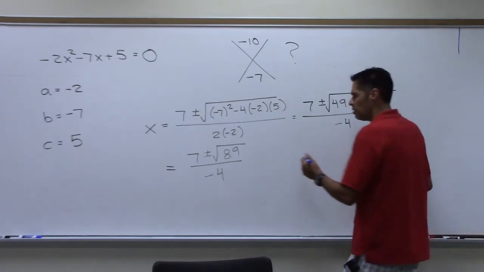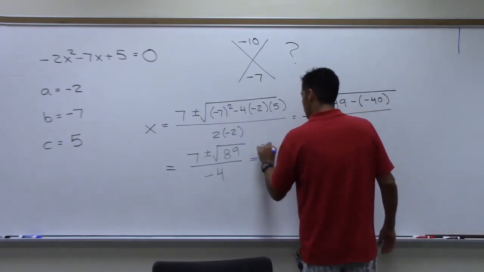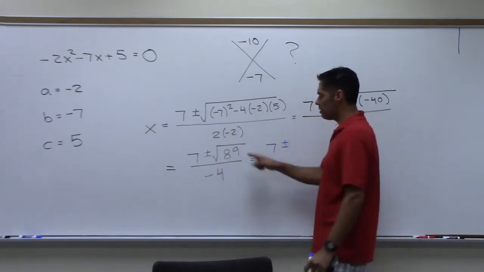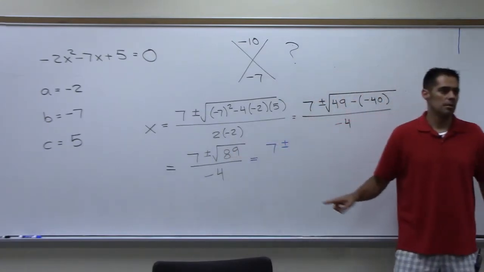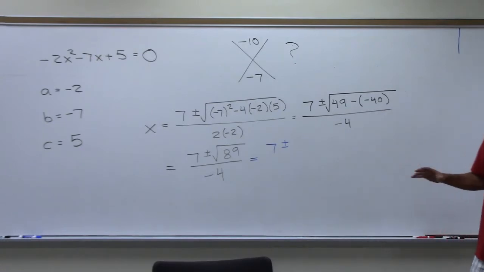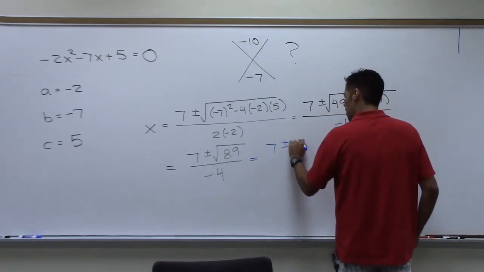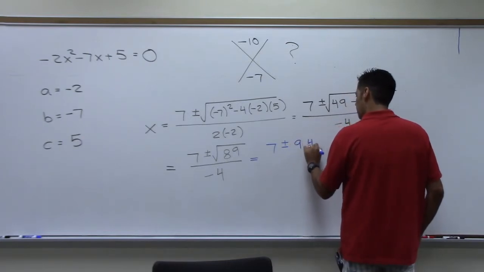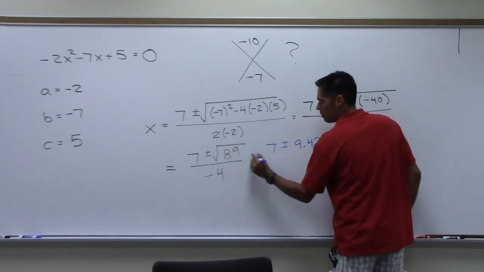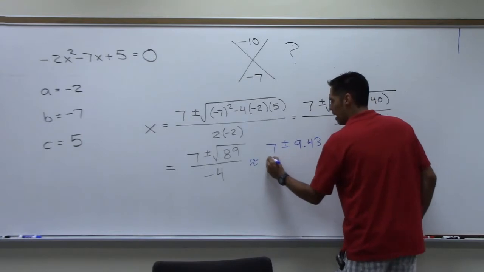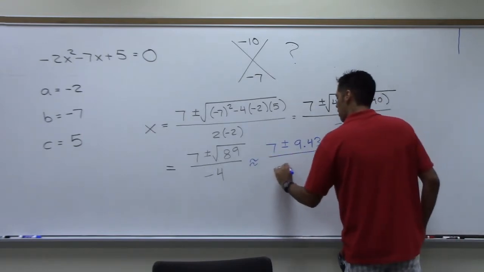What you would have to do at this point is get on your calculator and take the square root of 89, which is 9.43. Let's go two decimal places. I should change this equal to an approximate now because it is not exact anymore, since I've rounded.